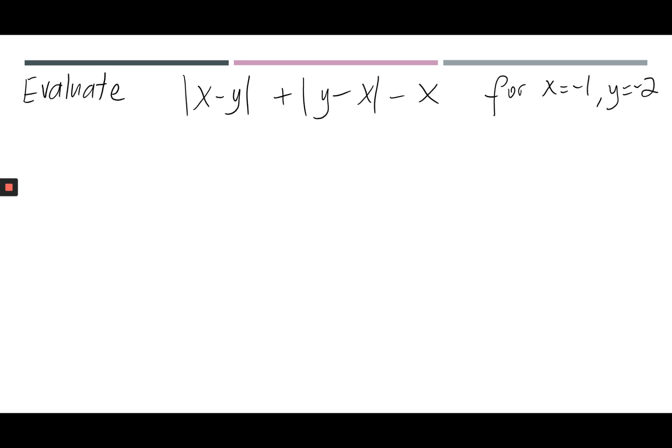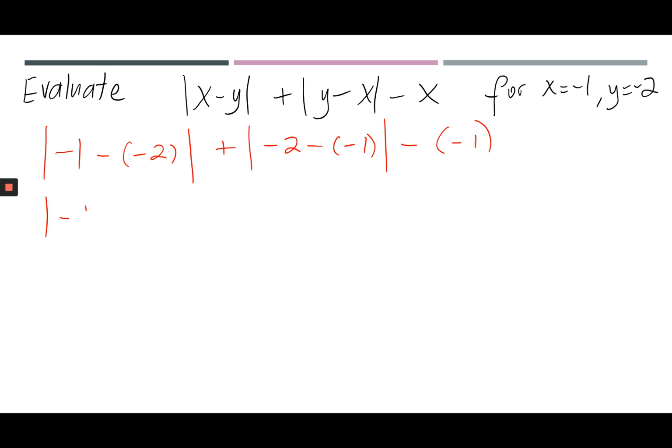Absolute value examples. Absolute value, x is -1 minus y is -2. Close the absolute value, plus y is -2 minus x is -1, and then minus x is -1. Now, just like parentheses, we need to work inside our absolute values.